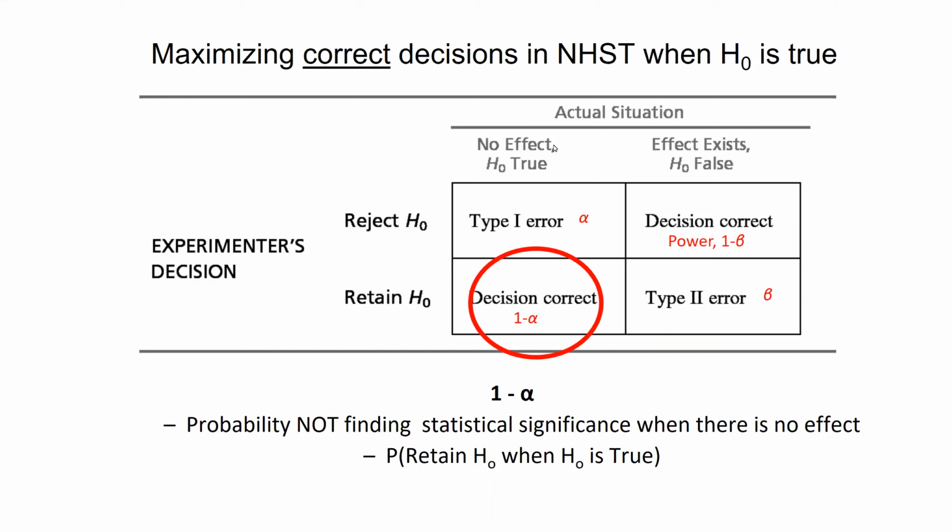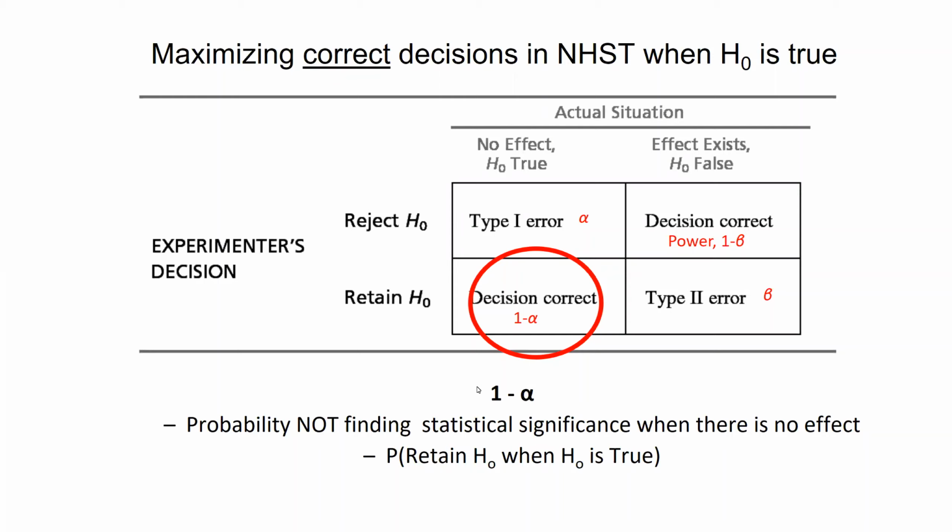And one of them is in the left-hand column of the schematic, which is when the null hypothesis is true, when there actually is no difference between treatment and control at the hypothetical or actual, hypothesized actual population level. So the correct decision is what we want to maximize. So this actually has no name.